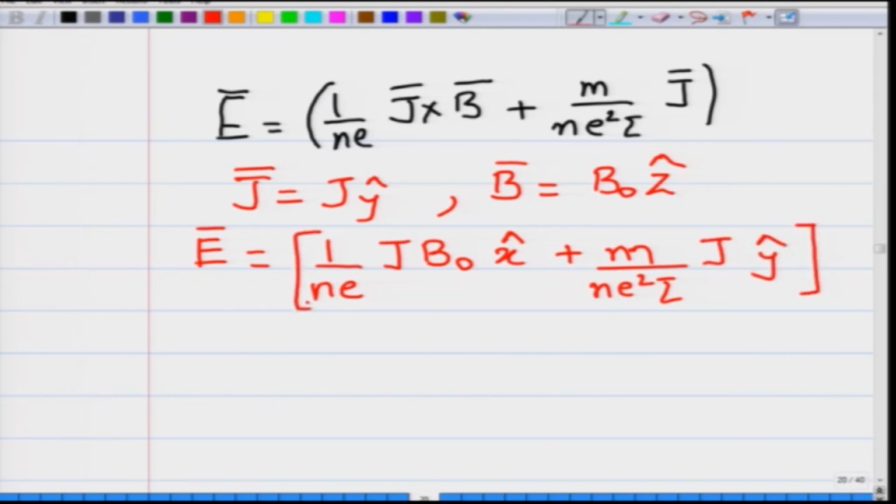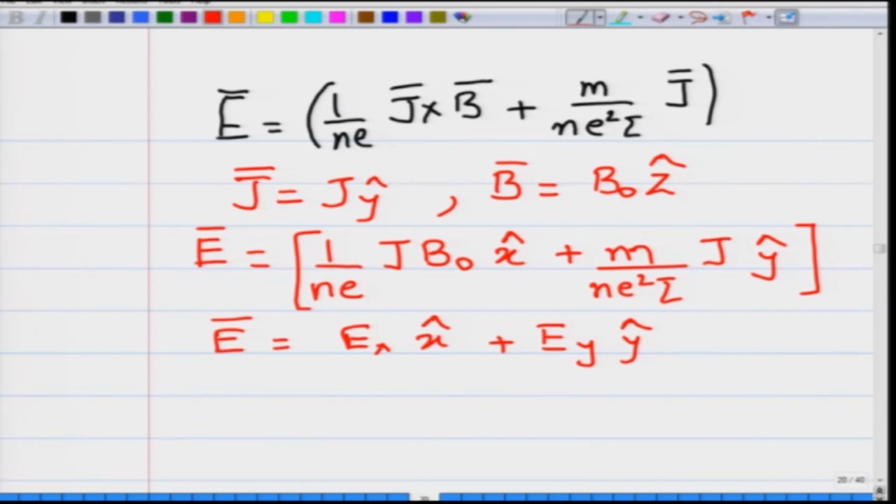This is your net electric field, and you can now consider that it has two components, one along the x cap direction and the other along the y cap direction. You can see that when you apply the magnetic field, the electric field has not only a y component but also an x component.